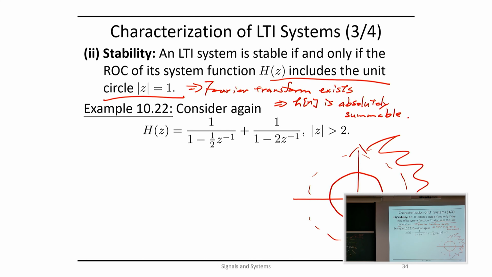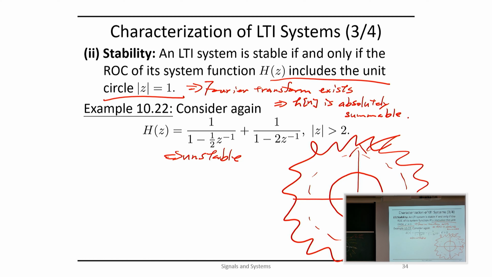If the region of convergence is this, then it does not include the unit circle, and therefore the system is not stable. Here we have two poles, one at 1/2 and one at 2. So there are three possibilities of the region of convergence: either inside 1/2, outside 2, or the ring in between 1/2 and 2. And only this case will you have a stable system.